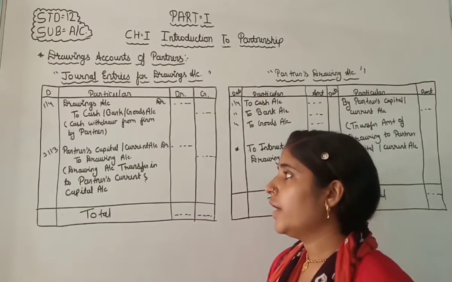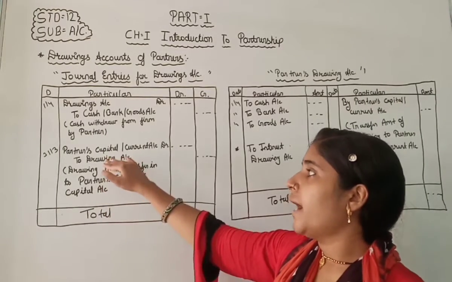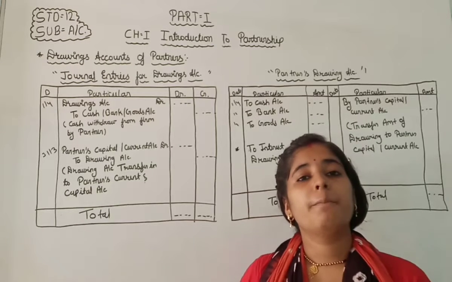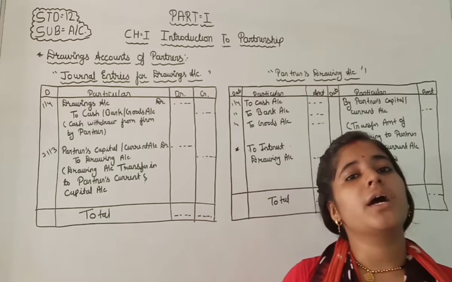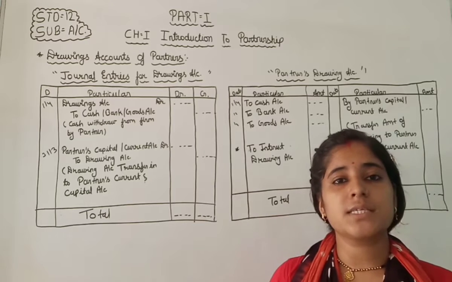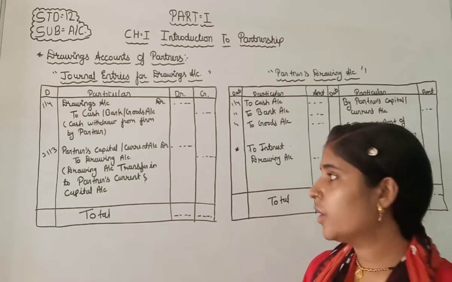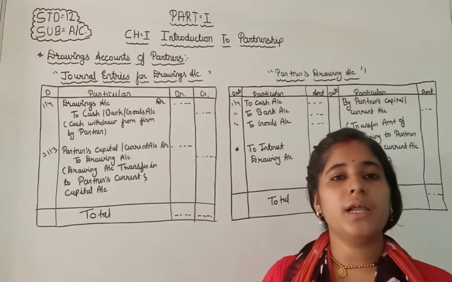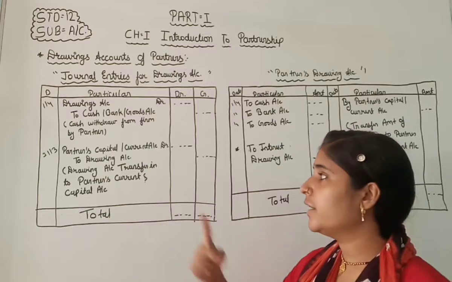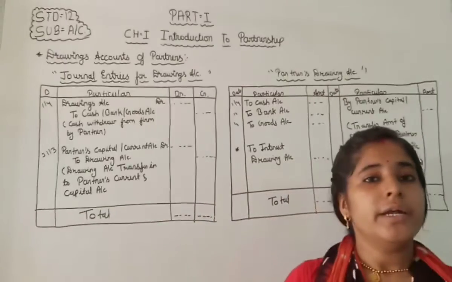Now at the end of the year, on 31st March, the partners' drawing account is transferred to the partners' capital and current account, because it is a loss, so the business is reducing the capital of the partners. Partners' capital account is always credit, and it is reducing, so we write on the debit side partners' capital and current account debit.